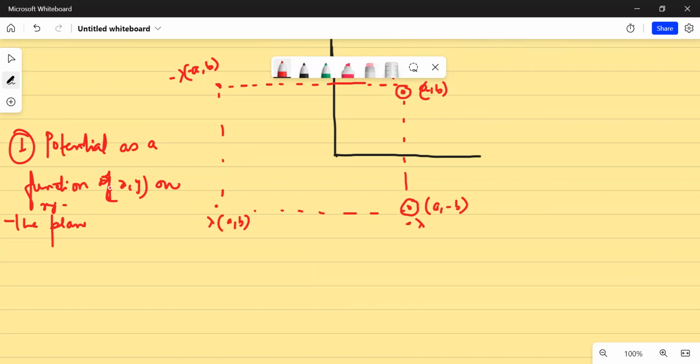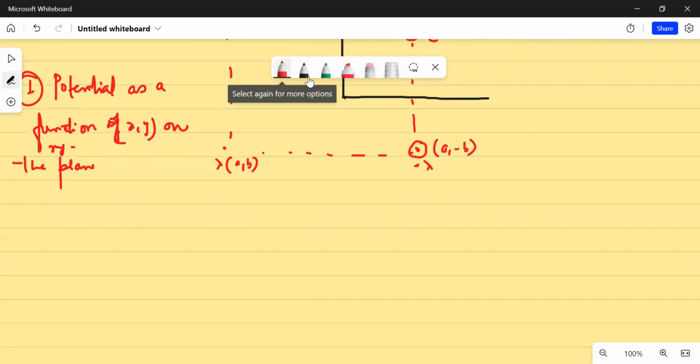So what would be the potential? As a function of x, y, let's say any arbitrary point x, y is given to me.